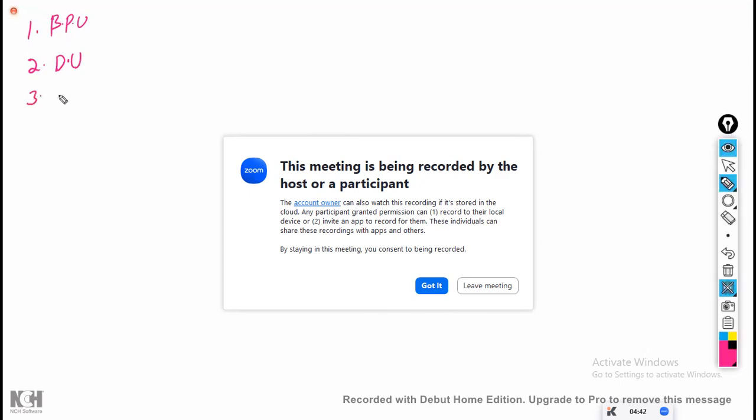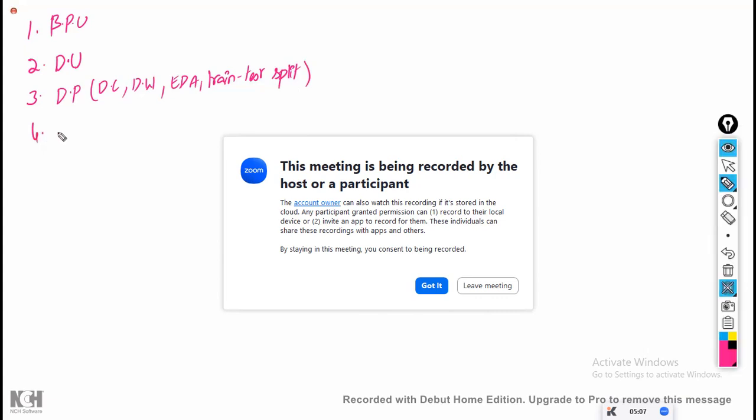Next, we do data pre-processing, which includes data cleaning, data wrangling, and EDA with train test split. All this comes under data pre-processing.